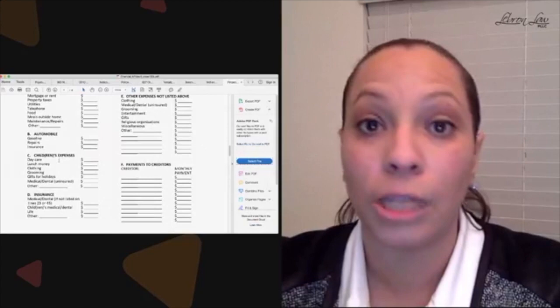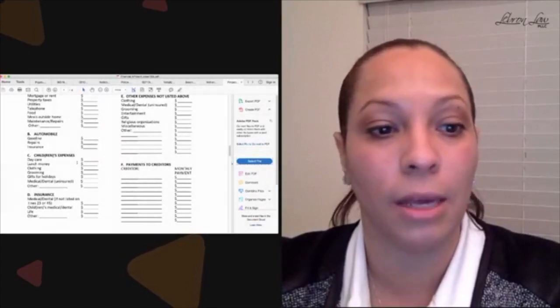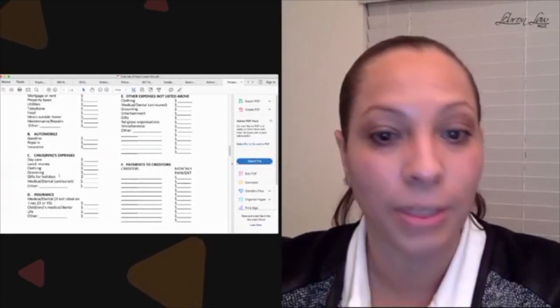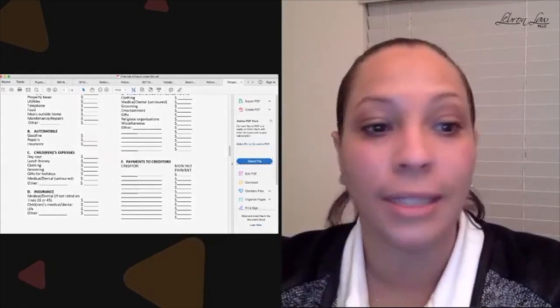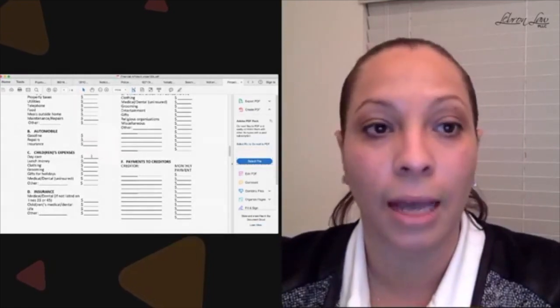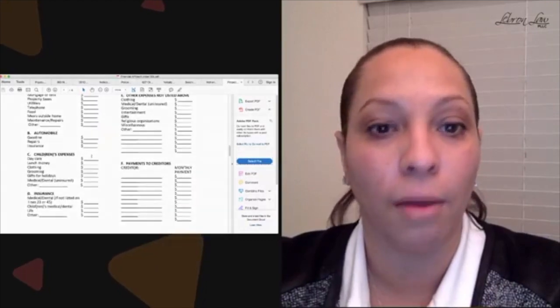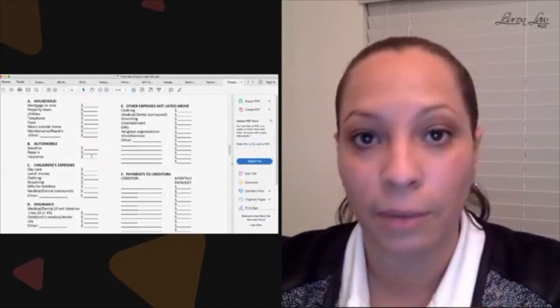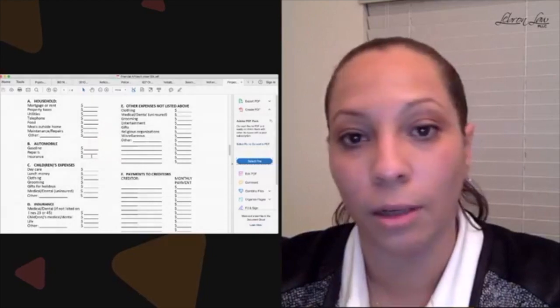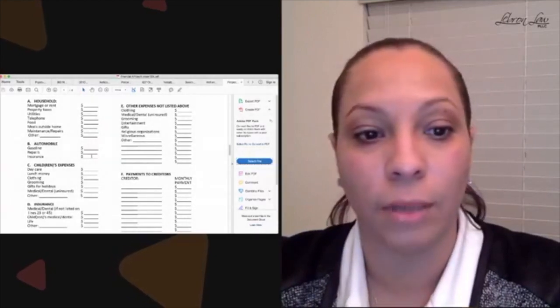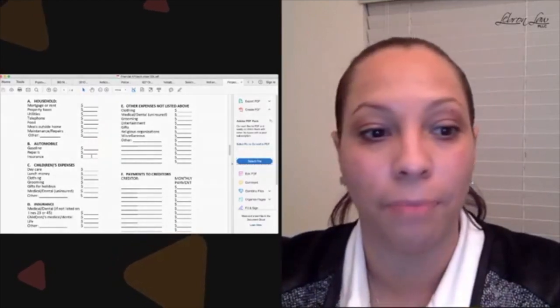Children's expenses, this is where you're going to list the expenses that you have related to the children, like daycare expense, and ideally you want to list the monthly amount on these lines. If you don't know the specific dollar amount, you should put a little asterisk and note that it's an estimated amount.